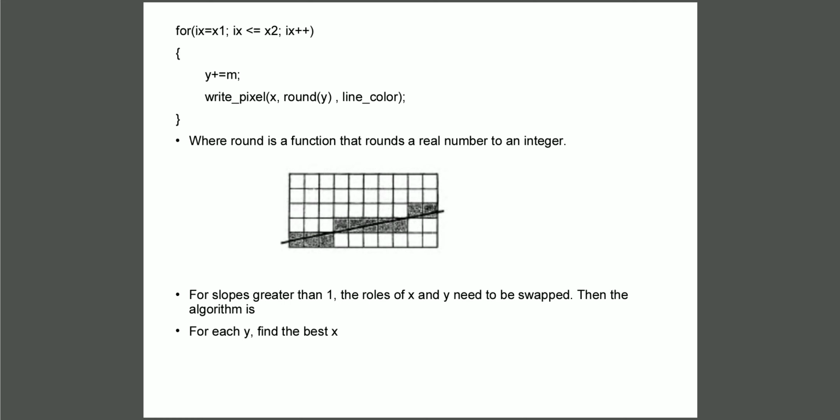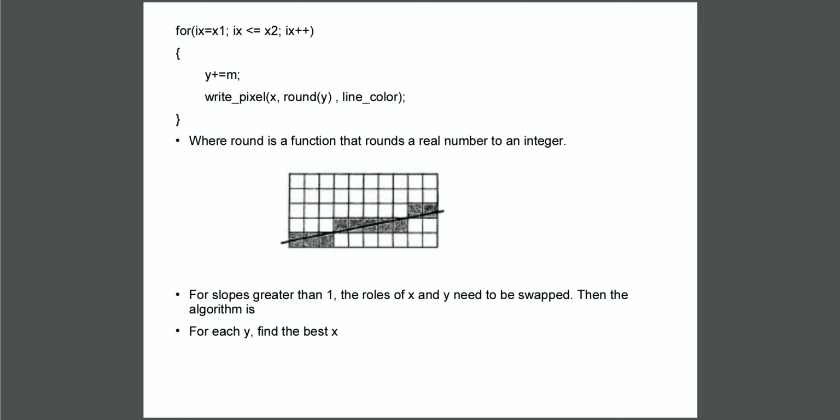Because of this DDA algorithm, all the intermediate pixels between these two ends will get updated, so they are shaded with a different color, and all other pixels which are not intermediate are in white color, if we assume that white is the background color. As I said, here we are using a round function to convert the floating y value to an integer y value, because we cannot represent a pixel using a floating value.